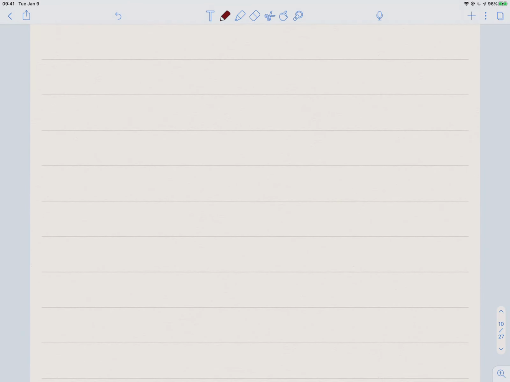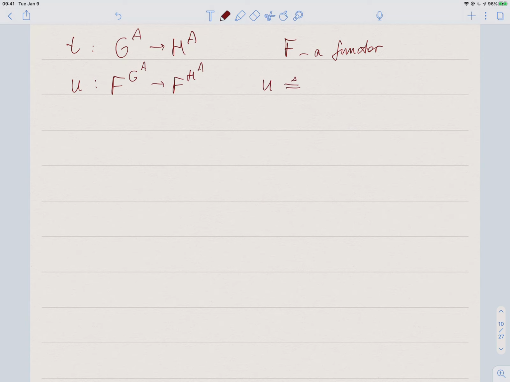I have given a natural transformation t, which is ga to ha, and given a functor f, I define the natural transformation u, which has a type signature fga to fha, and I define u as t lifted to f.